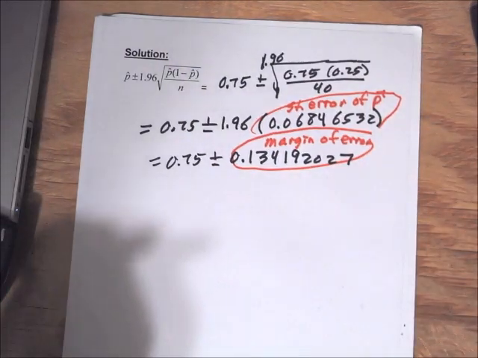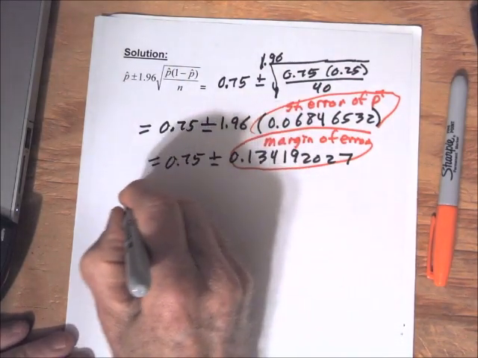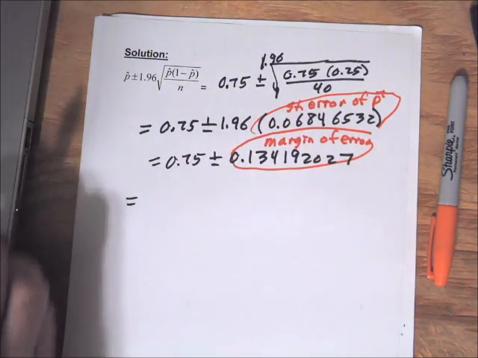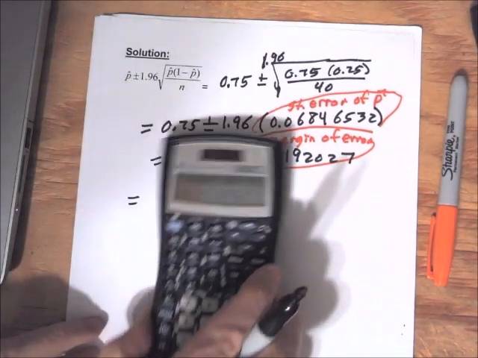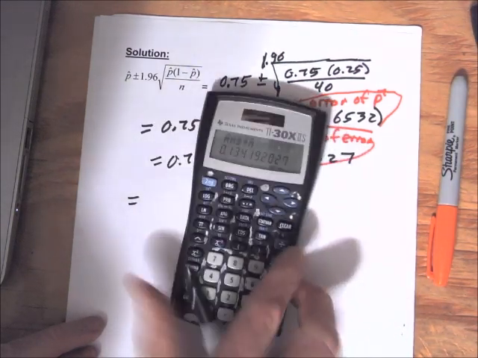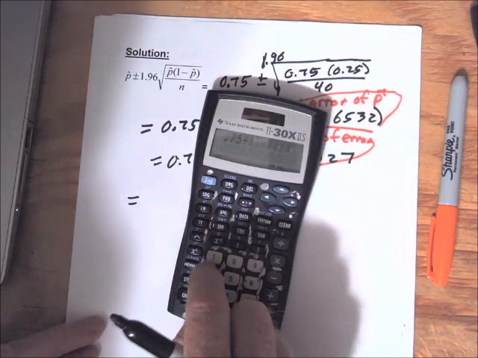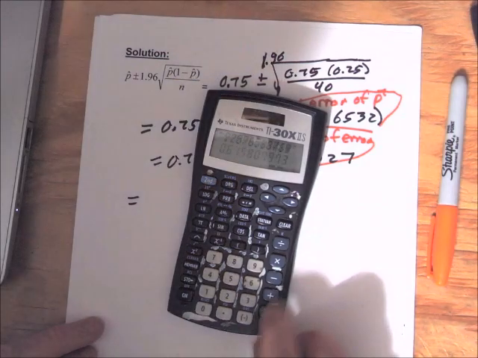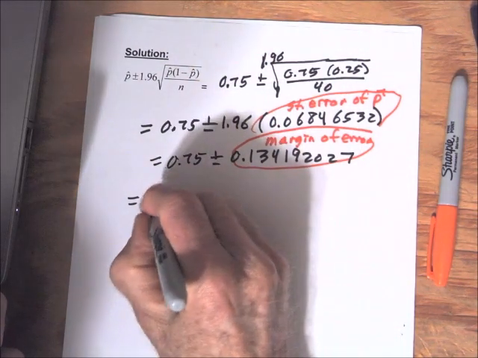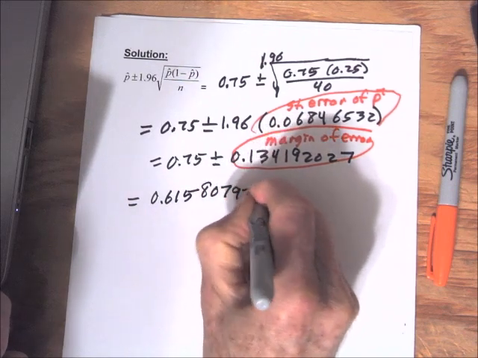If we want to add and subtract this expression, I'll do the subtraction first. It's 0.75 minus the margin of error. We can store this in the calculator with store and then equals, so that we don't have to retype it. 0.75 minus second recall equals about 0.615807973.